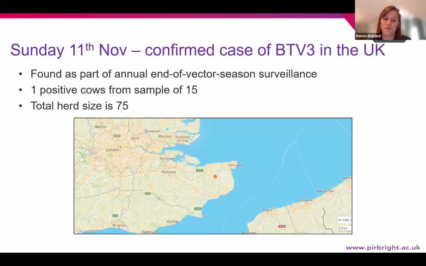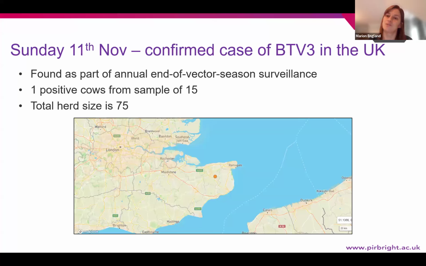So what we're looking for is, have we missed any disease incursion? They take about 6 farms from each of the counties along the south and east coast, and they test them for bluetongue antibodies. Every year we do this and we never find anything.